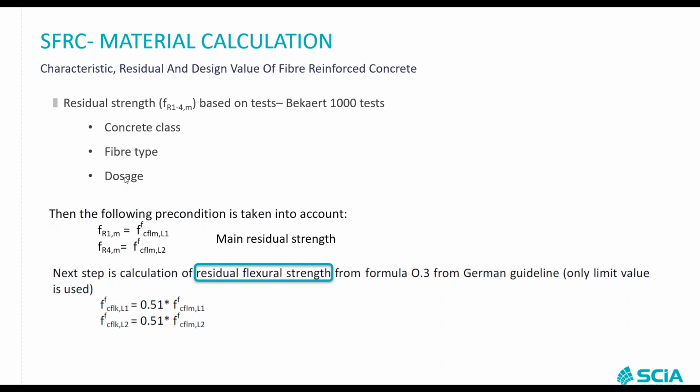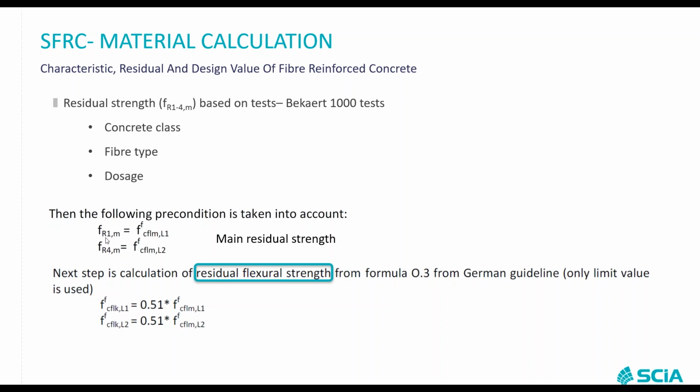Not only that, I would also like to mention that in SCIA Engineer there is some calculation happening in the background of the material. So when you change something, all the calculation of the final design value for the strength will be adapted automatically. We start our background calculation based on a precondition.